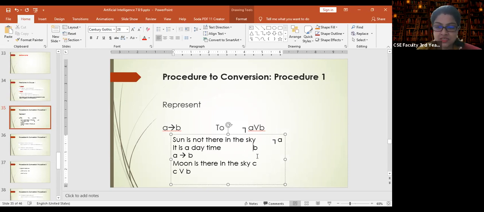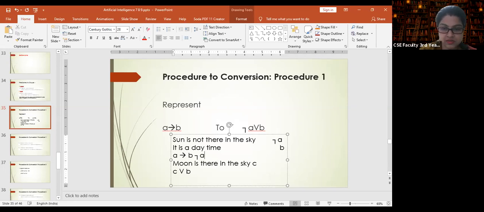Sun is not there in the sky or it is a daytime. Can we write this in this way? Yes. If we use the not sign in this way, then we can convert it into an implication sign.